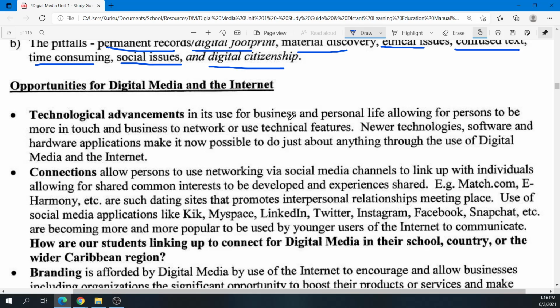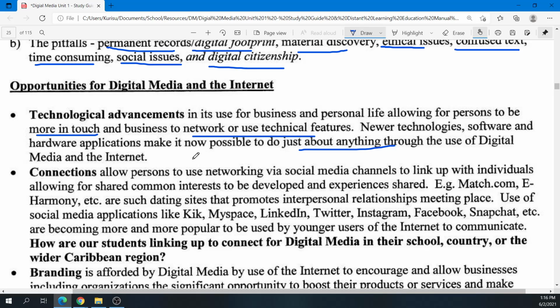Use for business and personal life, allowing persons to be more in touch and businesses to network and use technical features. These newer technology software and applications make it now possible to do just about anything through digital media and the internet. Because we're all connected through the internet, we can basically do anything with technology.